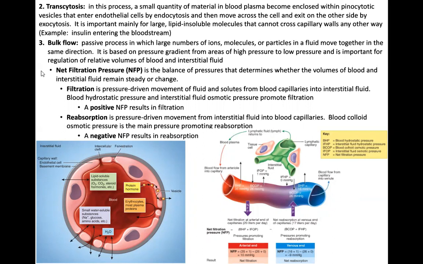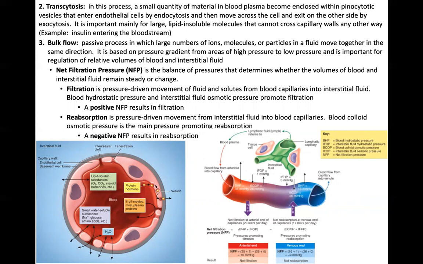So remember, trans means across or through. So in other words, we're pulling a substance through the cell and out of the blood, first by endo and then second by exocytosis. This is what we do for large lipid-insoluble molecules that cannot cross the capillary walls any other way, like insulin, which is how it enters our bloodstream, not what we're showing here on this page.